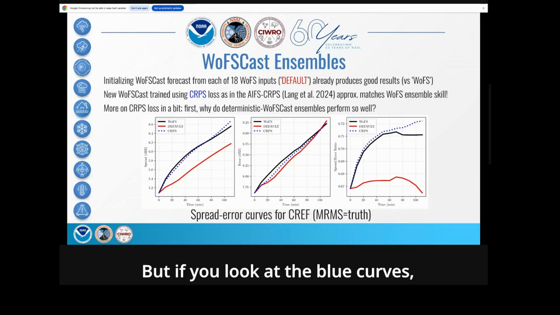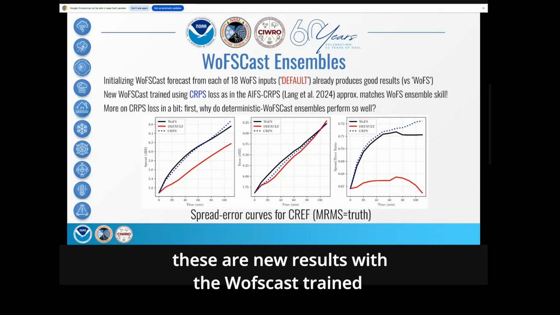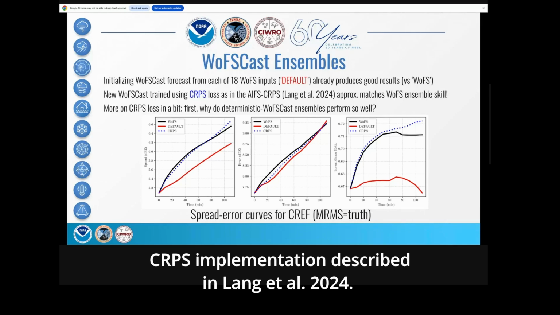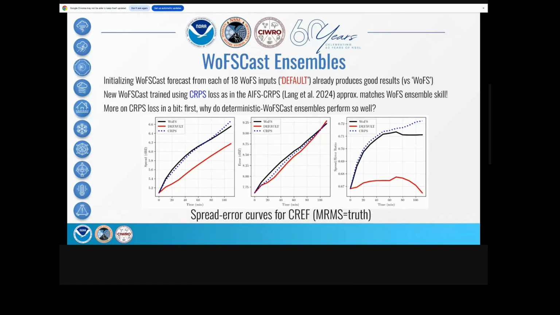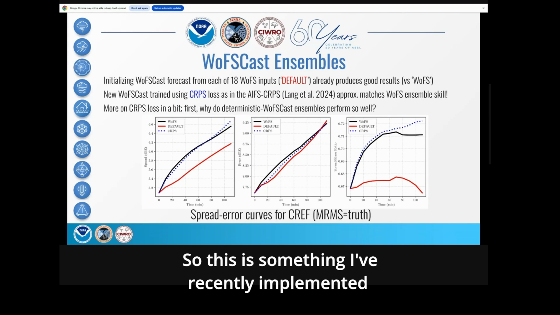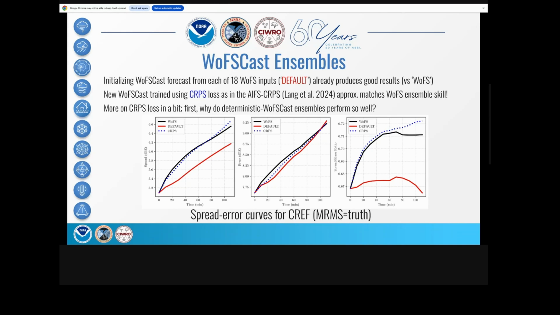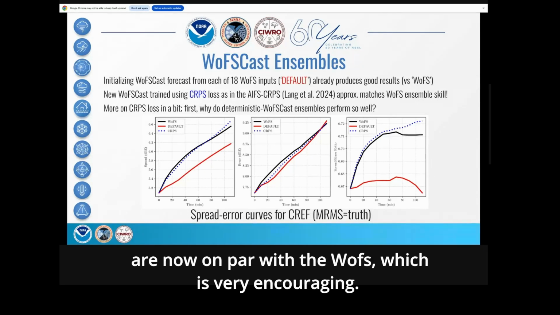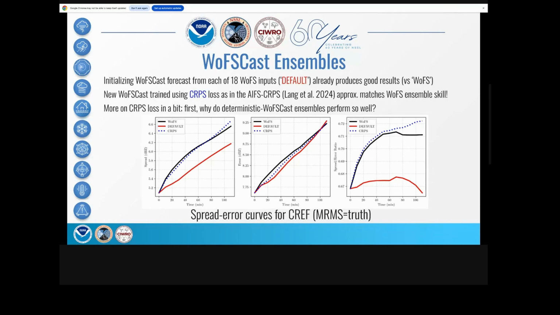But if you look at the blue curves, these are new results with a WoFSCast trained using CRPS loss, following the AIFS CRPS implementation described in Lang et al. 2024. This is something I've recently implemented into WoFSCast, and we see that the spread error characteristics are now on par with the WoFS, which is very encouraging. I'll get back to that in a bit.